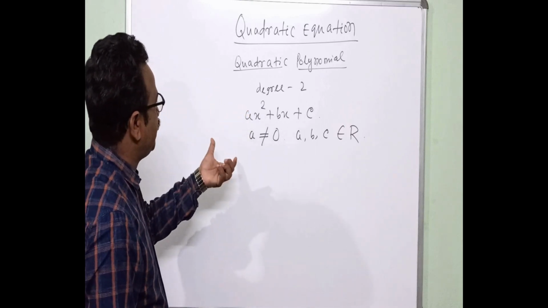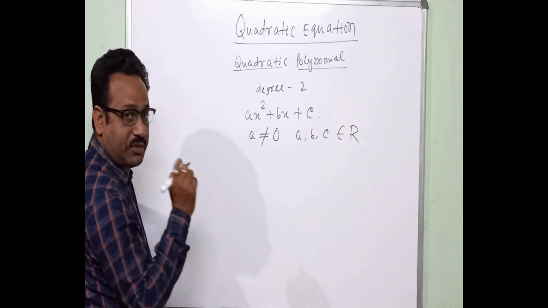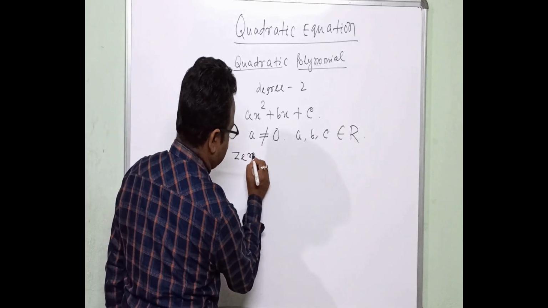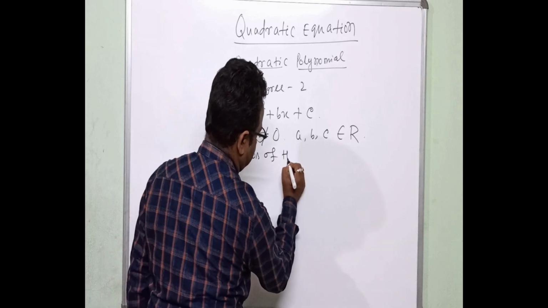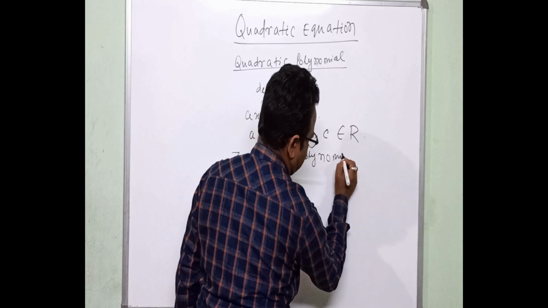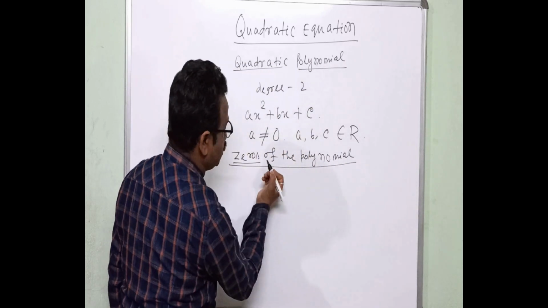Now, if the quadratic polynomial is concerned, then we have to find the zeros of the polynomial. What do you mean by zeros of the polynomial?